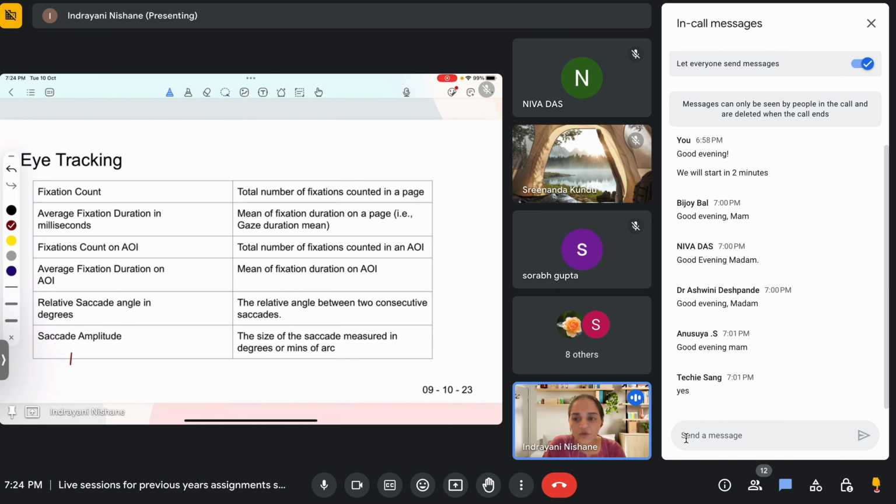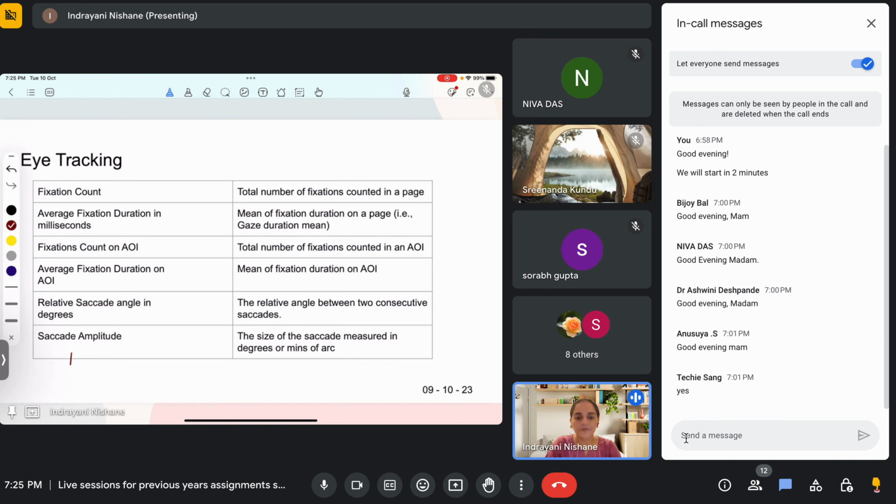Then fixation count on AOI. AOI is area of interest. When you want to analyze, say in domains like advertising and targeted advertising, or when you want to analyze your GUI, you will see if a particular image or advertisement you have put in your page, how many fixations it is getting.